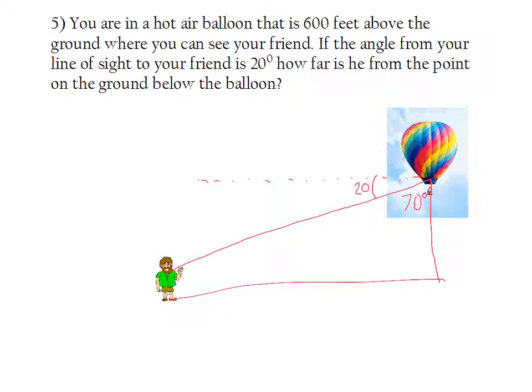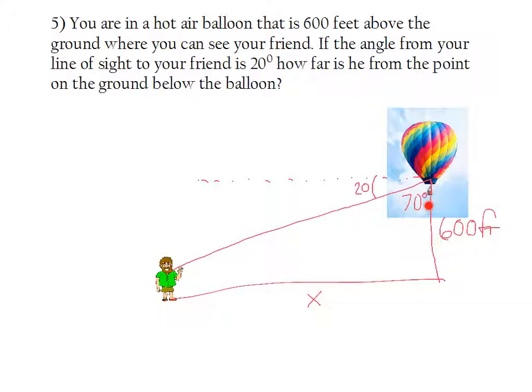And we know that the balloon is 600 feet in the air. The question is, how far is he from the point straight below the balloon? There's your x. After you fill in all your information, you need to decide, is this a sine, a cosine, or a tangent scenario?